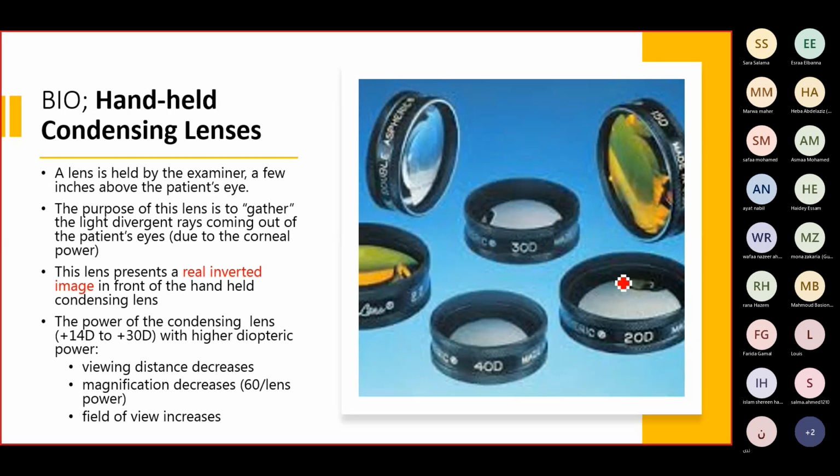Okay? And of course, the 30 or the 40 diopter lens working distance is shorter than the one of the 20 or the 15 diopter lens. So you may want to hold this one closer to the patient's eye, but for this one or that one, you want to hold them further away from the patient's eye. Okay?